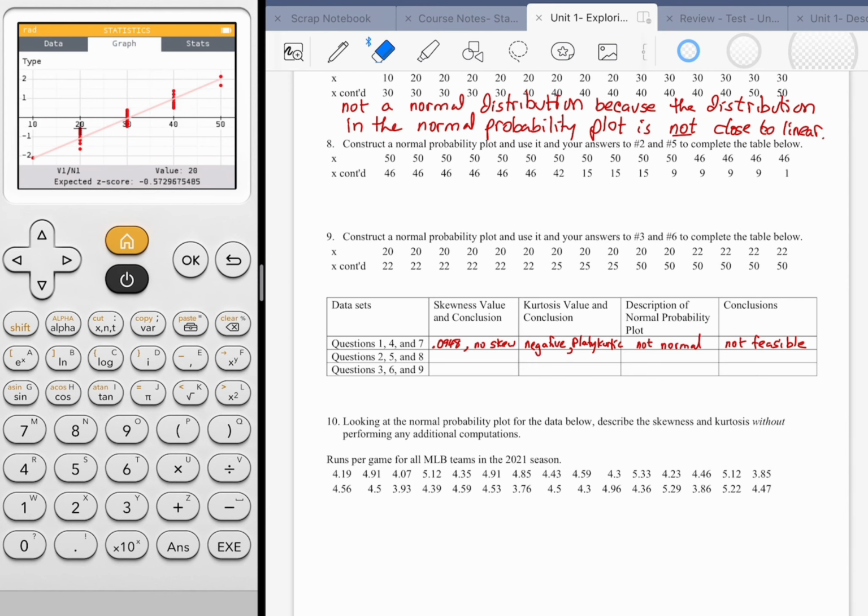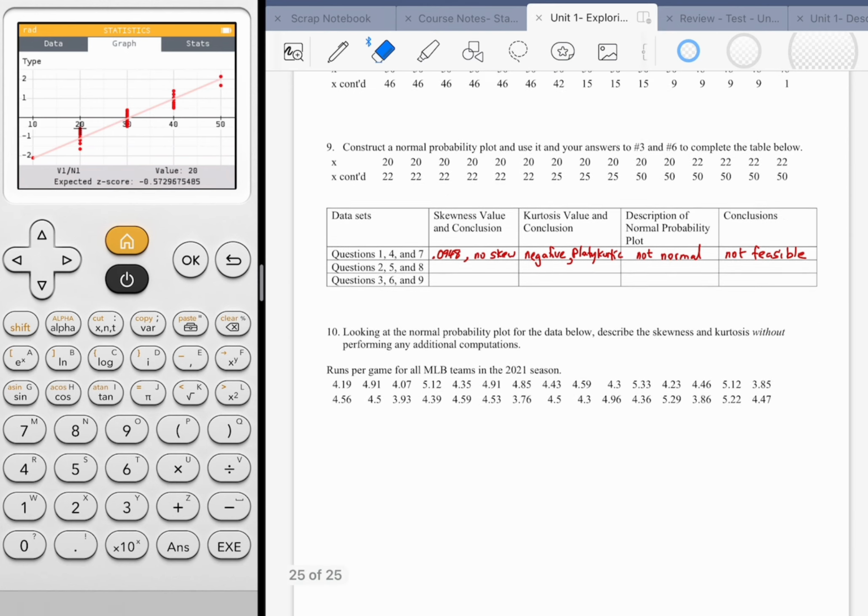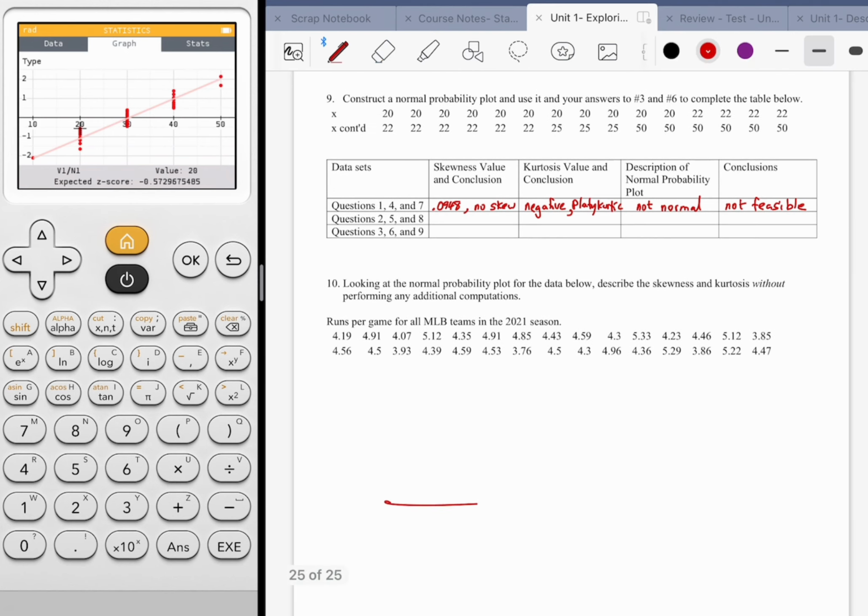I mean, I can't tell you what the graph looks like, because we could be looking at something that looks on the ends nice and platykurtic, no skew. So I could be looking at something like this. I mean, there was a little bit of skewness.